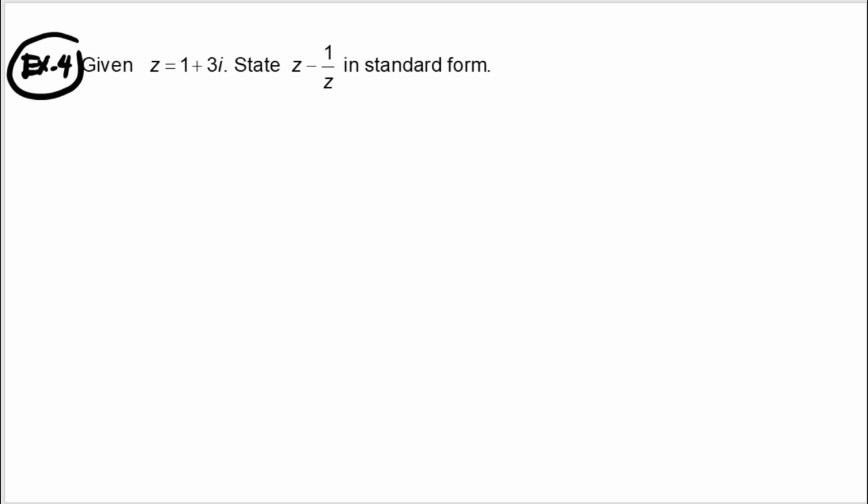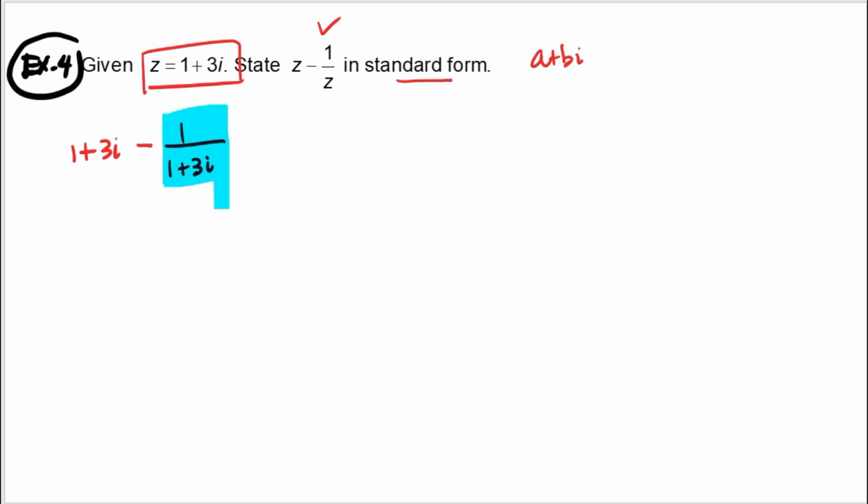So let's try to solve some examples involving the conjugate. Suppose we have this complex number. We have to write it in the standard form, meaning a plus bi. So we have 1 plus 3i minus 1 over 1 plus 3i. When it involves a fraction of complex numbers, what we need to do is find its conjugate and multiply with its conjugate.